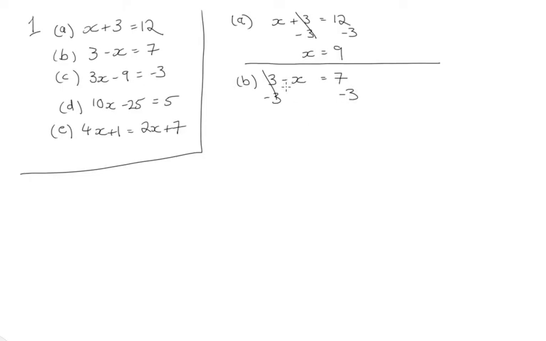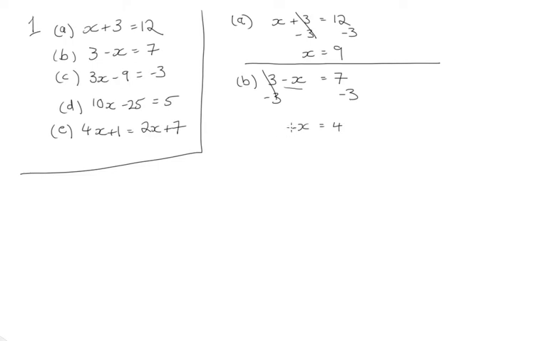But look at this. This is a minus x. Minus x is equal to 4. So we want to solve for x, not for minus x. So how can I get rid of this minus? If I want to make a negative number into a positive number, I can multiply it by a negative number.